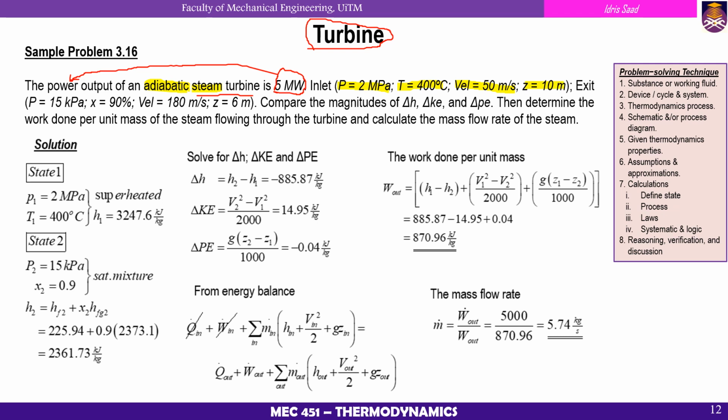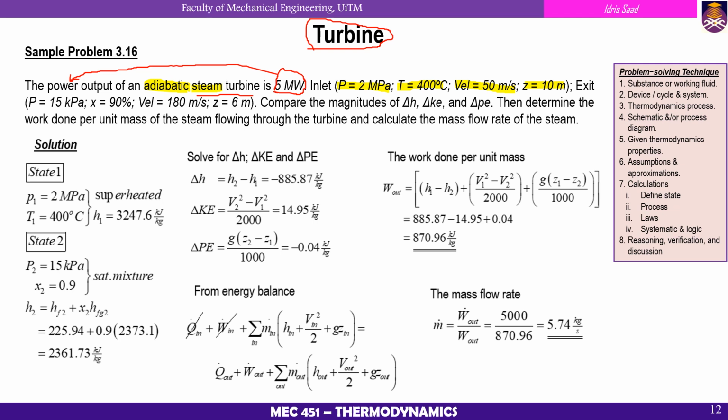Therefore we cannot use the usual assumptions here, because the question already gives the velocity and Z. Velocity affects our kinetic energy, and Z affects our potential energy. So in our energy balance equation, we have to include these components.